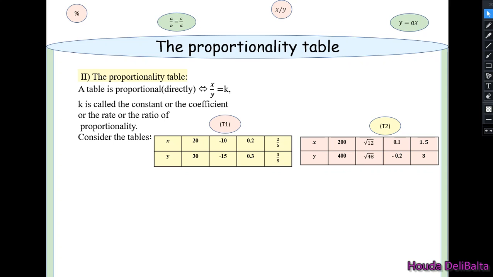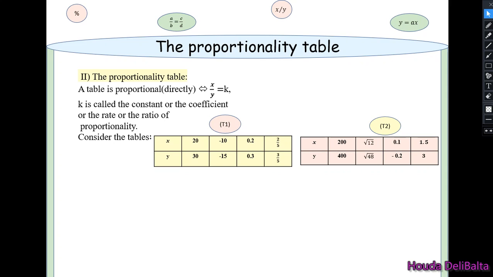If we divide every time x by y, like 20 by 30, minus 10 by minus 15, etc., and we get a constant rate, the same number, we say that the table is a proportionality table. But if we didn't get so, we say that the table is not a proportionality table.